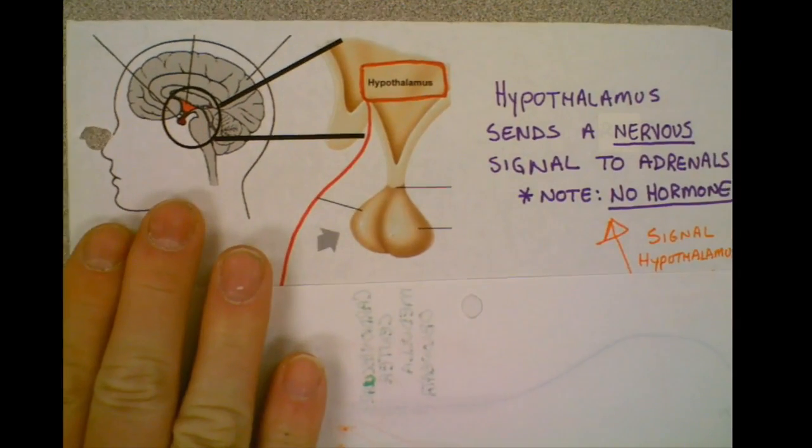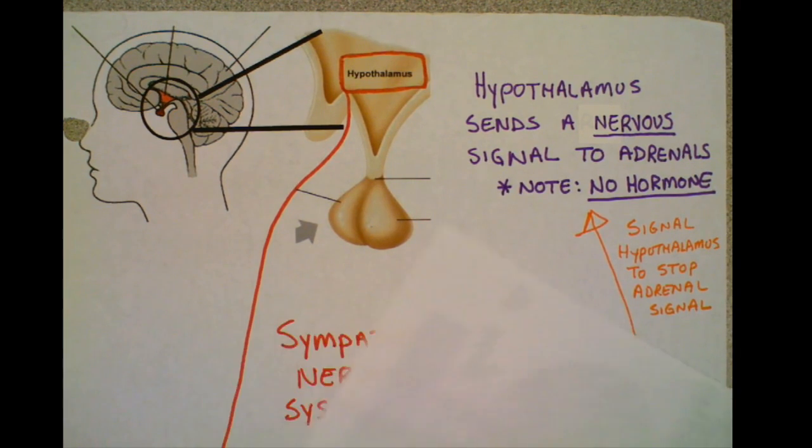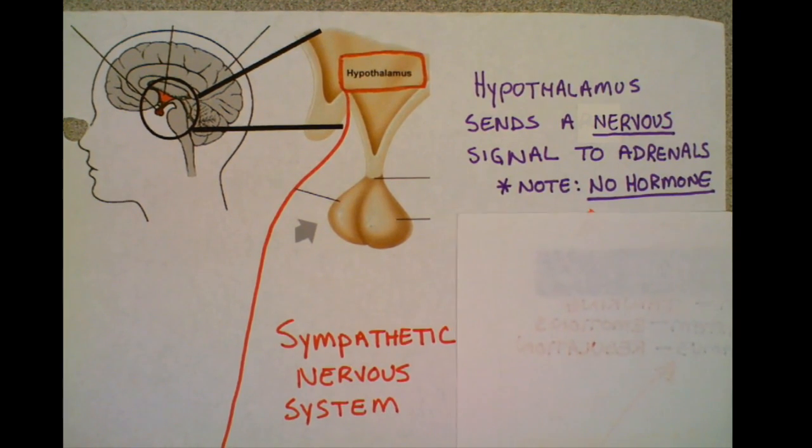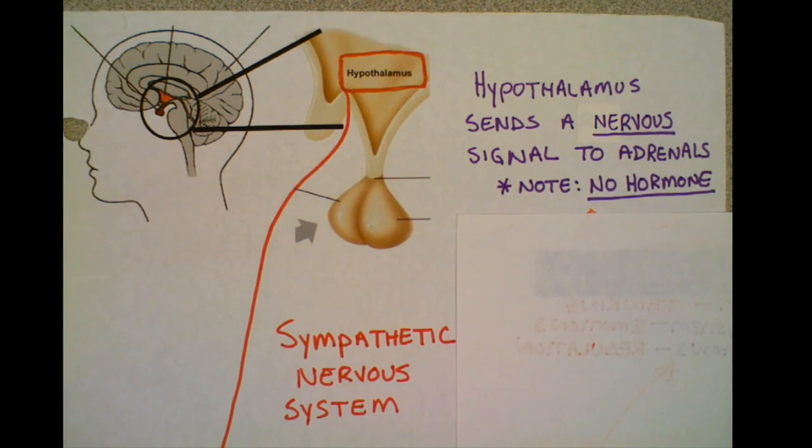All right, so it says in purple there that the hypothalamus is going to send a nervous signal down to our adrenal glands. There's no hormone coming from this hypothalamus, which is different than what we've learned with oxytocin and prolactin and human growth hormone. They've all had a hormone that's being released out of the hypothalamus and pituitary gland.